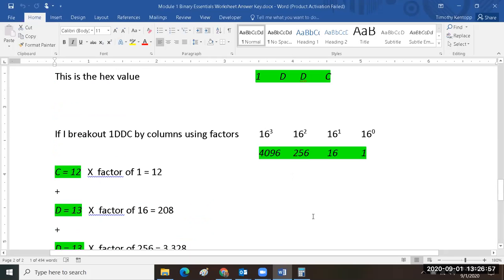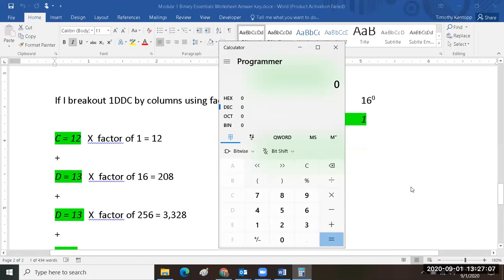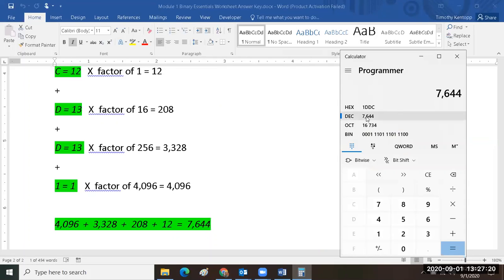There's a number of ways you can check it, but I'm going to clear my entries and enter a decimal value of 7,644. You see that gives me my hex value of 1 delta delta Charlie, so I know that's right.